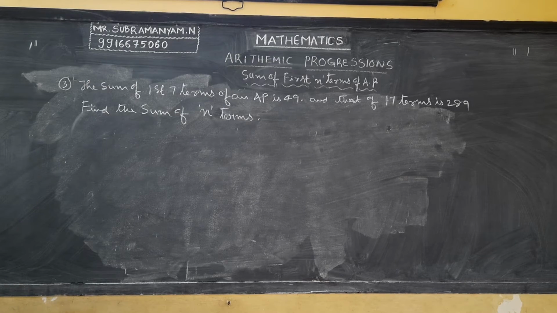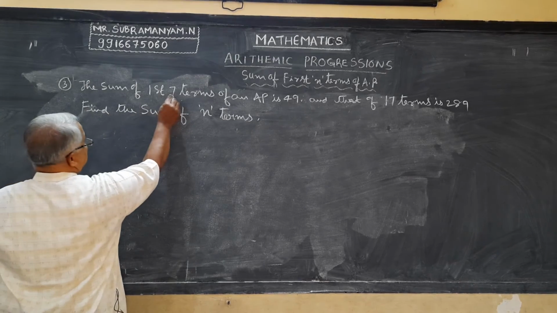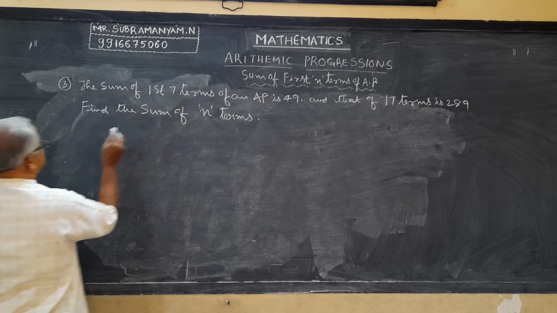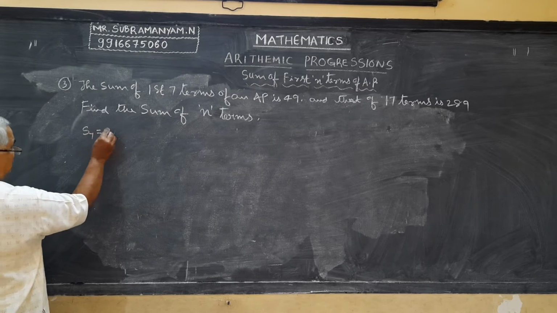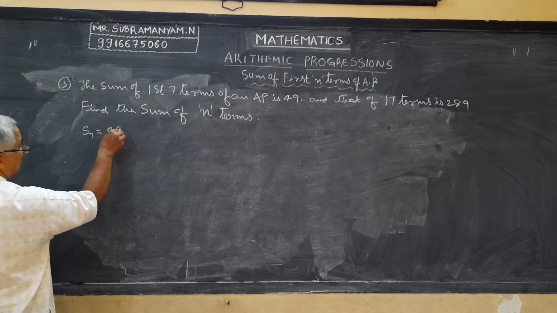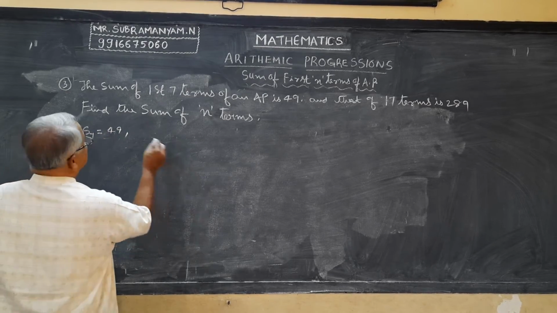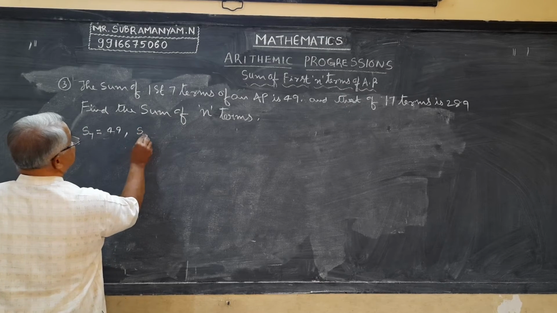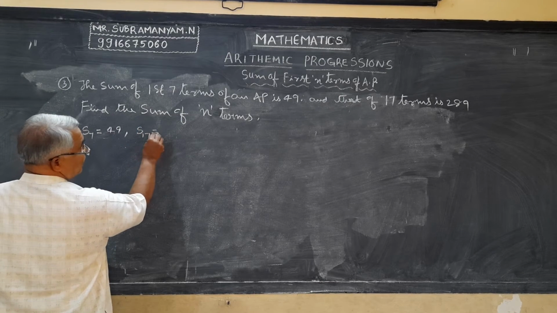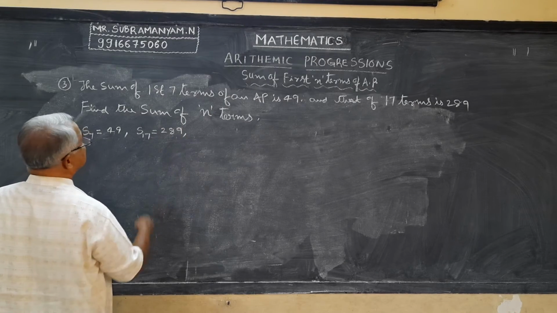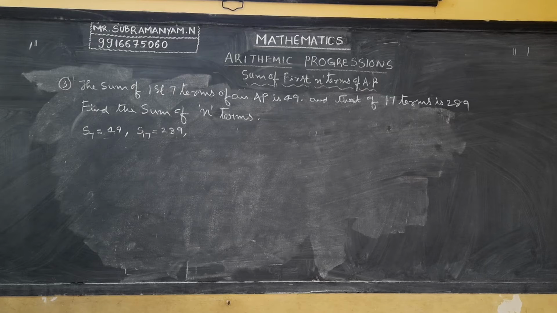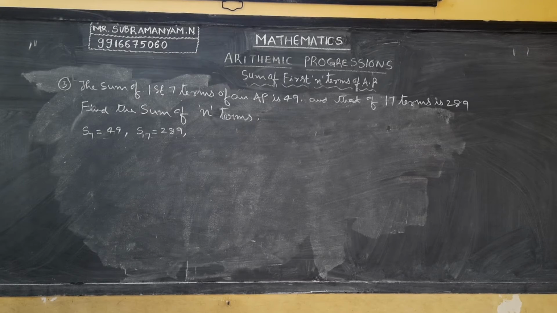S7 equal to 49. Next, sum of 17 terms equal to 289. That's all they have given.